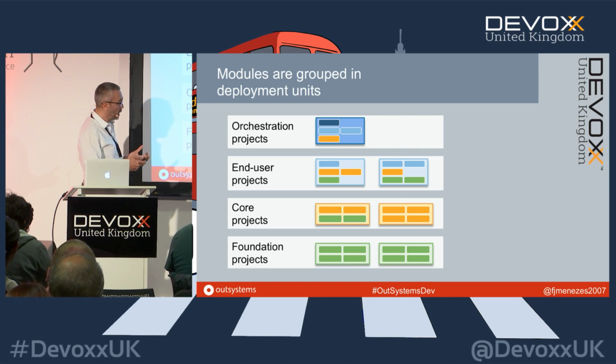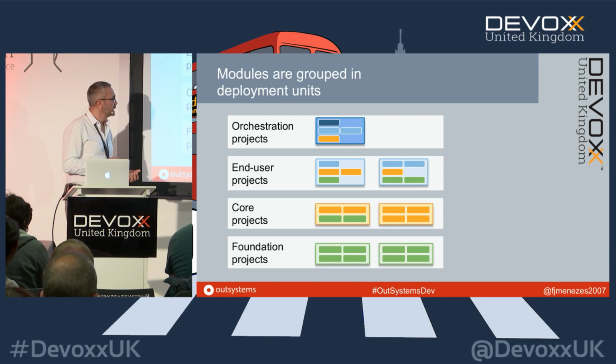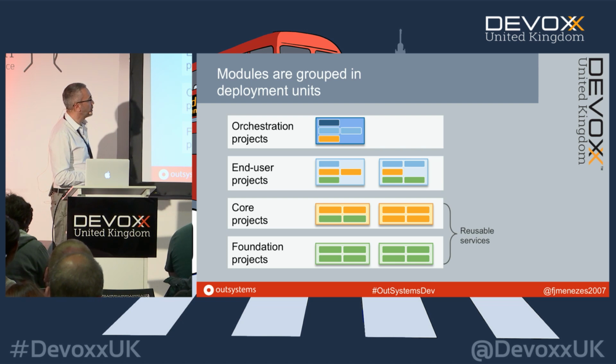And basically, what happens is that if you have a project with several modules, the top one is the one setting the level of the whole project. So this is an orchestration project because the top element is an orchestration element. And of course, as before, all your reusable services will be provided by the core and foundation projects.